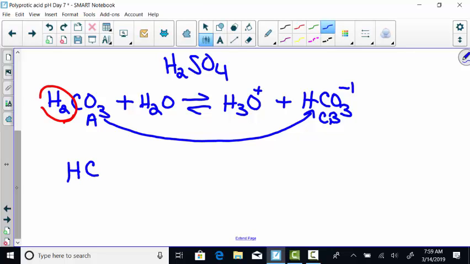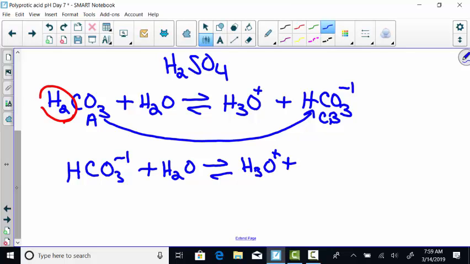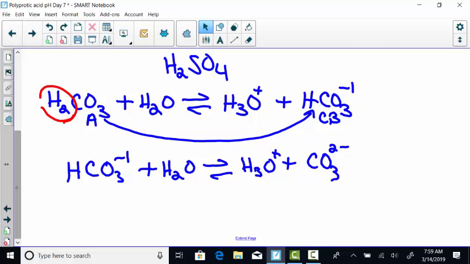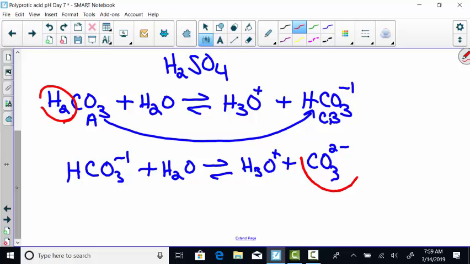So now that HCO3 1- can still give up a hydrogen, and that will become H3O plus and CO3 2-. And one thing you should be noticing about these is they all tend to end up in a polyatomic ion.